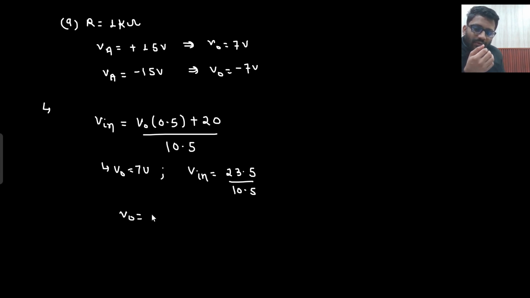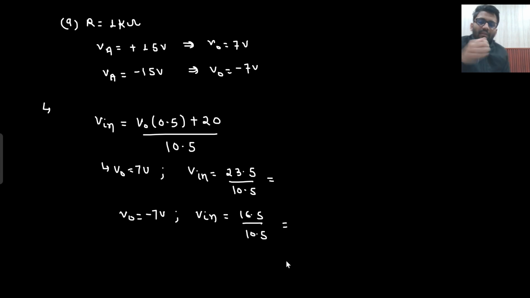And when V naught is equal to minus 7 volt, what will be your V in? Minus 3.5 plus 20 is 16.5, divided by 10.5. So 23.5 divided by 10.5 is 2.238, and 16.5 divided by 10.5 is 1.57.